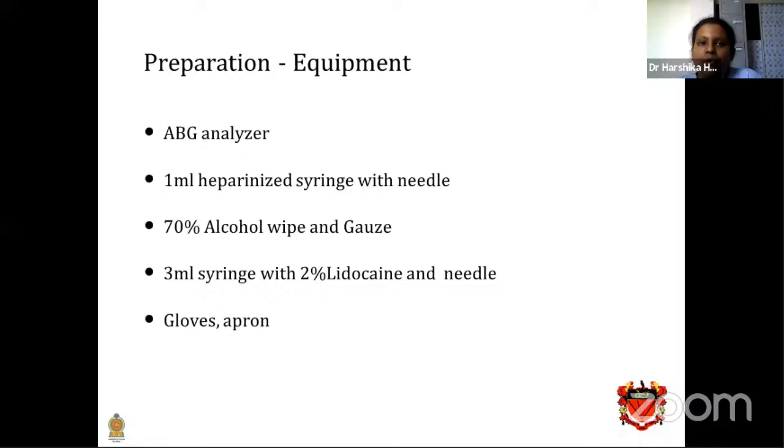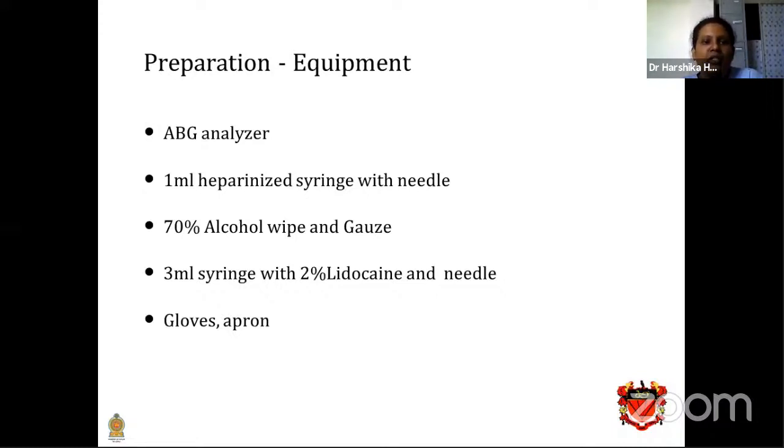The sole aim of using heparin in the syringe that we use to take blood gas is to prevent the blood sample from clotting, because heparin is an anticoagulant. But we need to take the bare minimum volume of heparin that is required to coat the inner surface of the syringe.